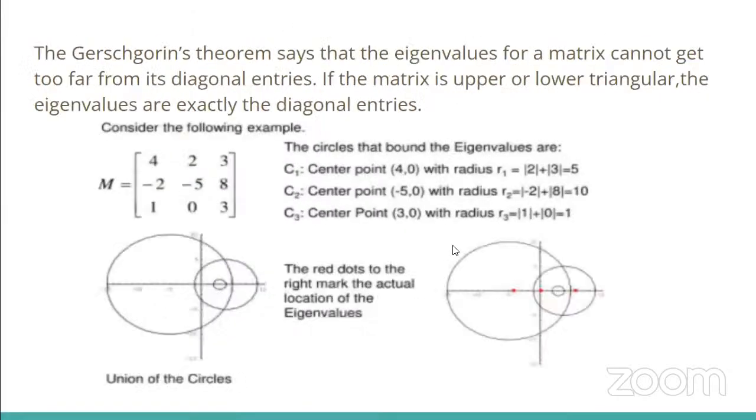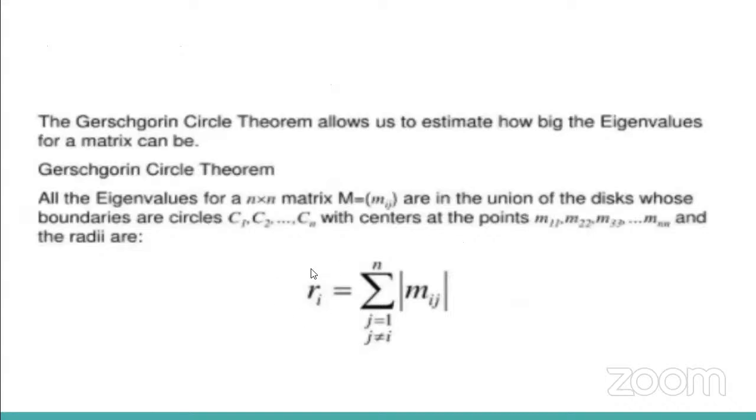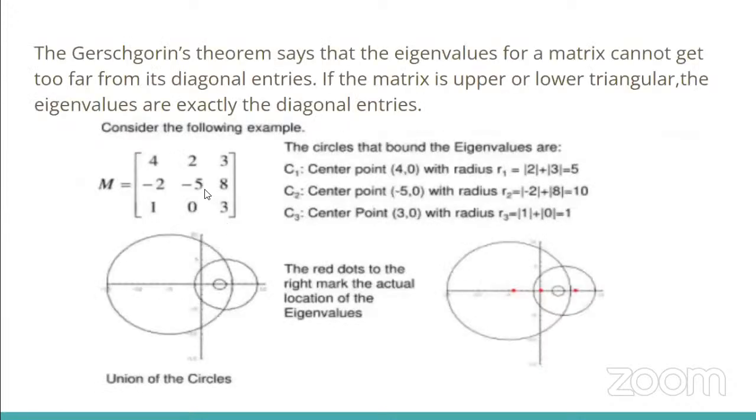Okay, so we have something like this, where this is our radius. We have the summation of the entries of the first row. This is a_ij, so i could be 1, j could be 2. Note that i and j cannot be equal. For this matrix, this is your A11, right?